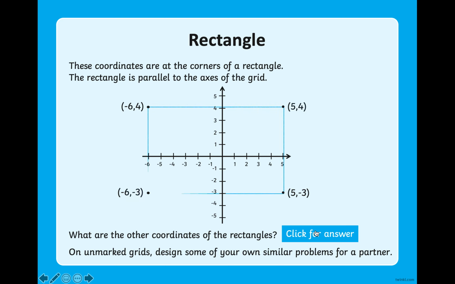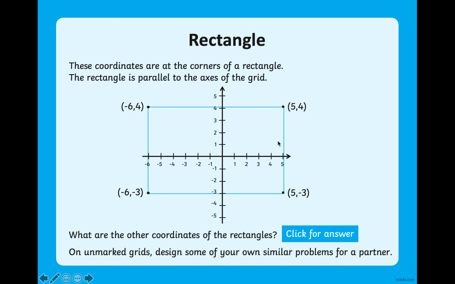Right. Notice how the numbers are repeated, because when you have 5 here, there's no way that the other point goes left or right. If I take this point and move it all the way over here, this shape will no longer be a rectangle. Same thing here.